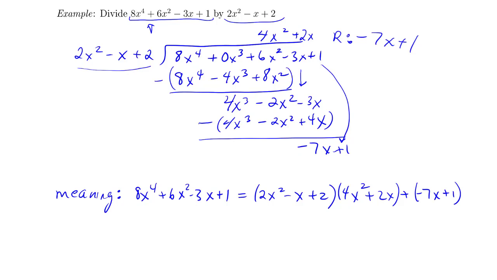Okay, so here our remainder indeed can have x terms in it. It can have x terms up to the power below the divisor.